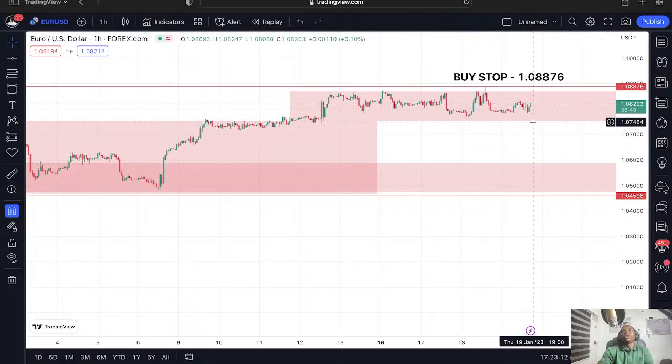All right. So when setting your stop loss, you need to look at what capital you are playing with in the market. If you have a larger fund and you are using a smaller lot size, you can cover a larger distance by setting your stop loss away from your entry level.